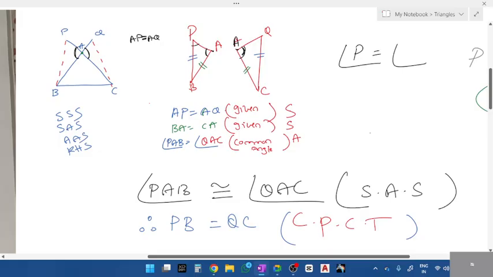Yes or no, Delicia? Then angle P will be equal to angle Q. Next, what's the other angle left? Angle B will be equal to angle C, right? Okay, fine. Sorry, I heard it as P. Angle B is equal to angle C.